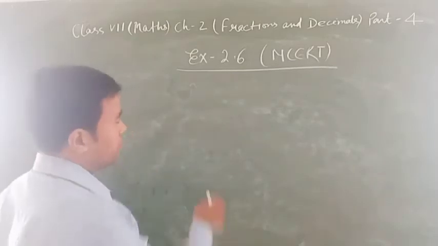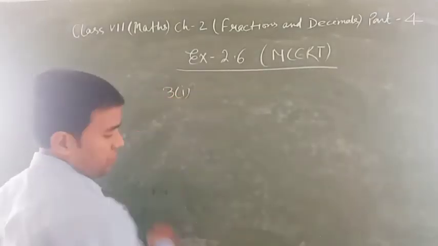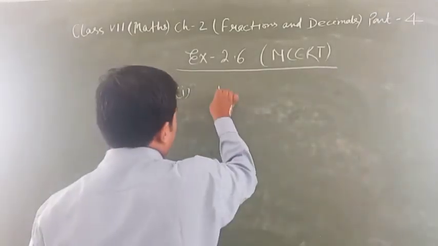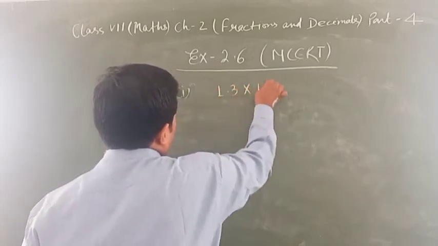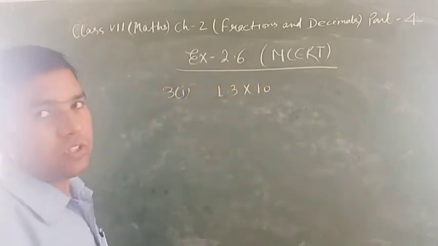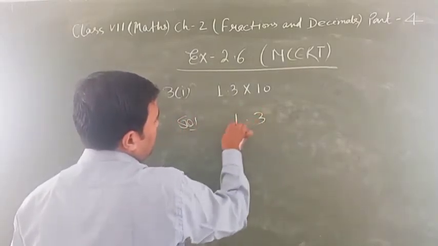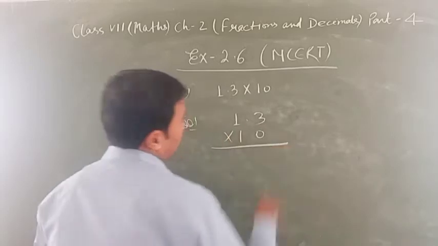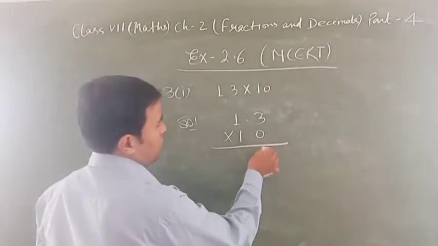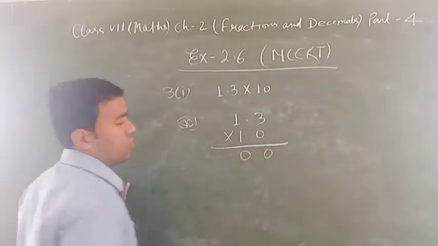Question number 3. 1.3 into 10. 1.3 into 10 means do multiply. 0 threes are 0, 0 ones are 0.